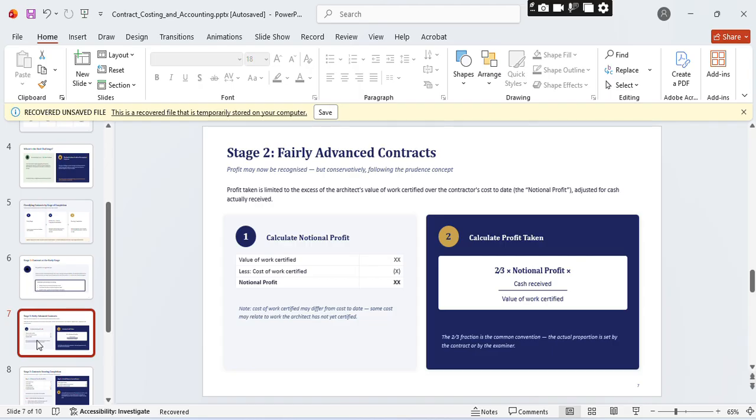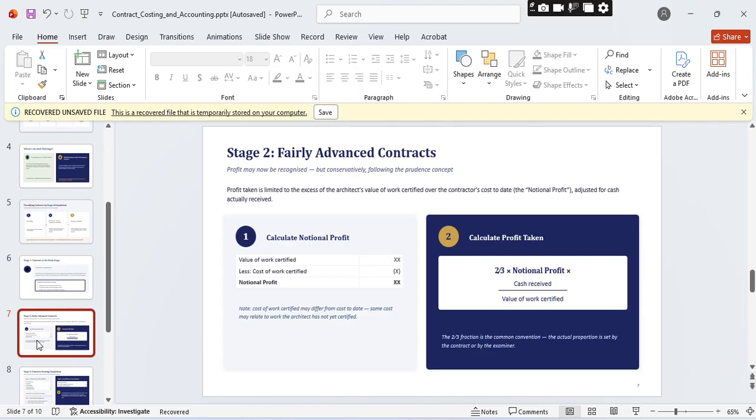Now, this means that the valuation of the architect, okay, is higher than the cost the contractor incurred at that stage. 3 million, 1 million naira from 3 million naira, we still have a 2 million naira balance, which is the notional profit, okay.